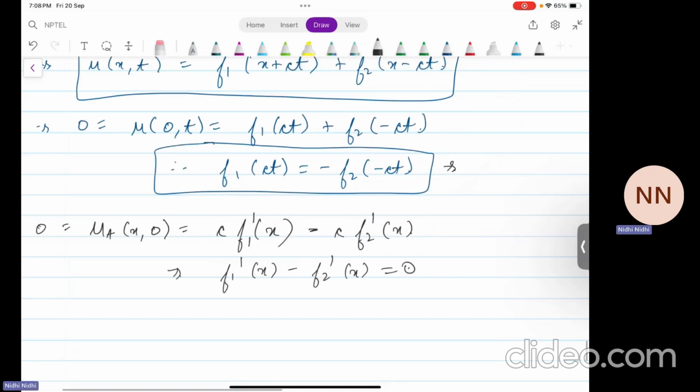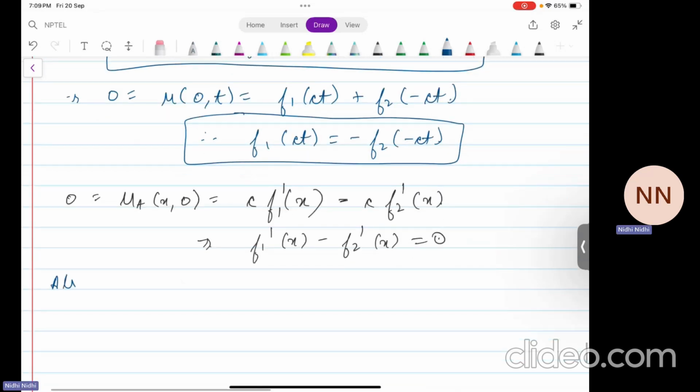We have one more condition now. u at x comma 0 is g x. Also g x is equal to u at x, which is f1 x plus f2 x.